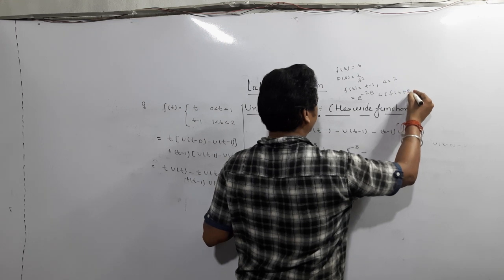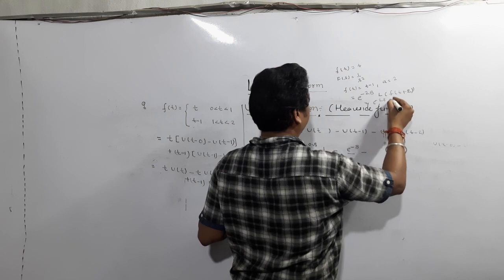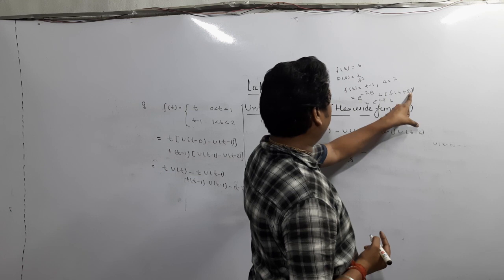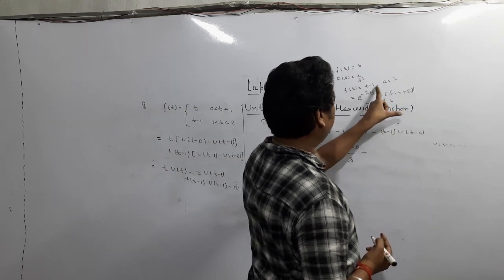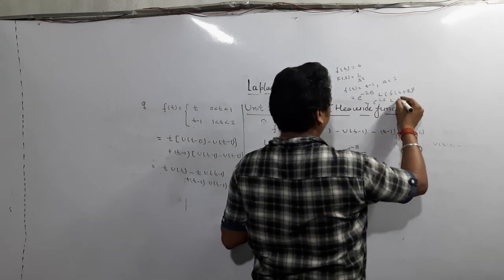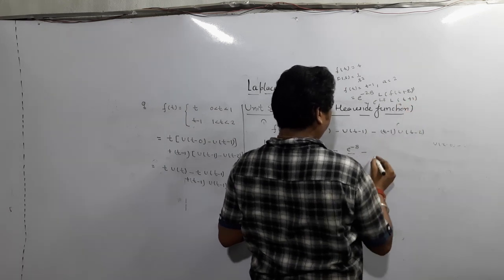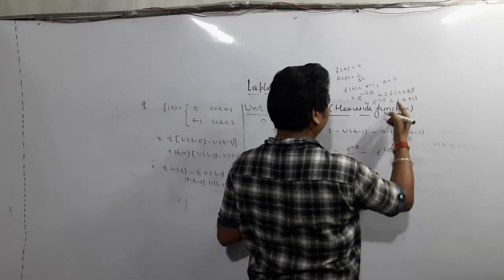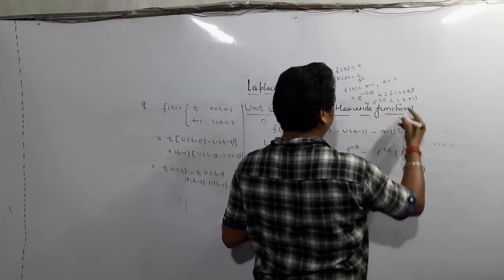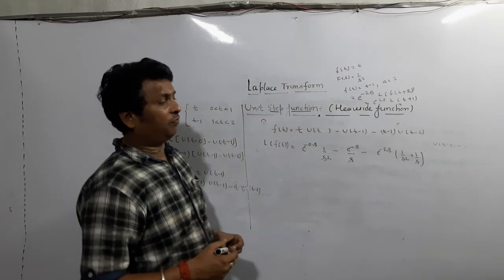What is a value? 2. e to the power minus 2s, Laplace of f(t) is t minus 1. Then what is f(t + 2)? t plus 2 minus 1, which means t plus 1. Laplace of t plus 1. So what is the Laplace of t plus 1? Laplace of t is 1 by s square, and what is the Laplace of 1? 1 by s. This is the Laplace of f(t).